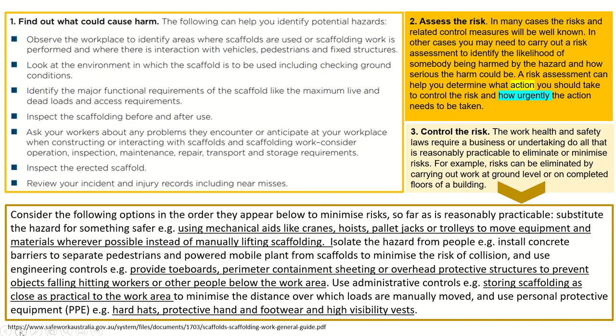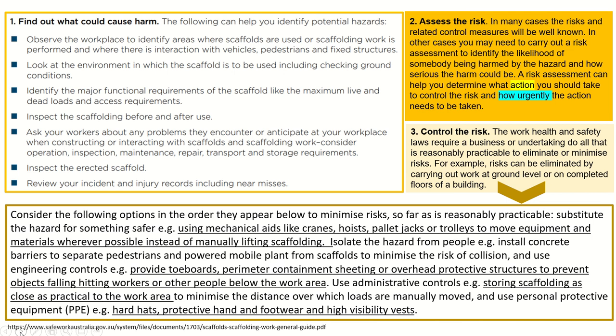And there is another types of controls which is more like administrative in terms of the nature. So you need to store scaffolds close to the working area. This will minimize the distance of moving all those kind of scaffolds manually in your construction site. And also, of course, it's very important, and you might know that the use of personal protective equipment is also very useful when you are working at the high level on a scaffold or under the temporary structure as well.